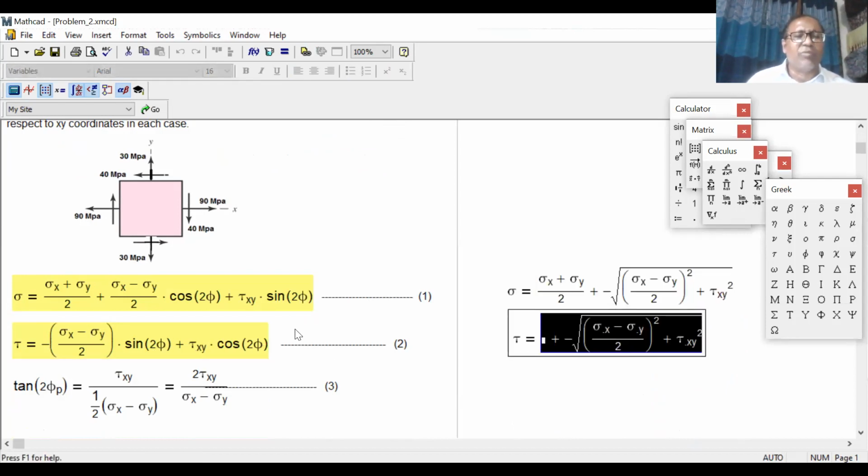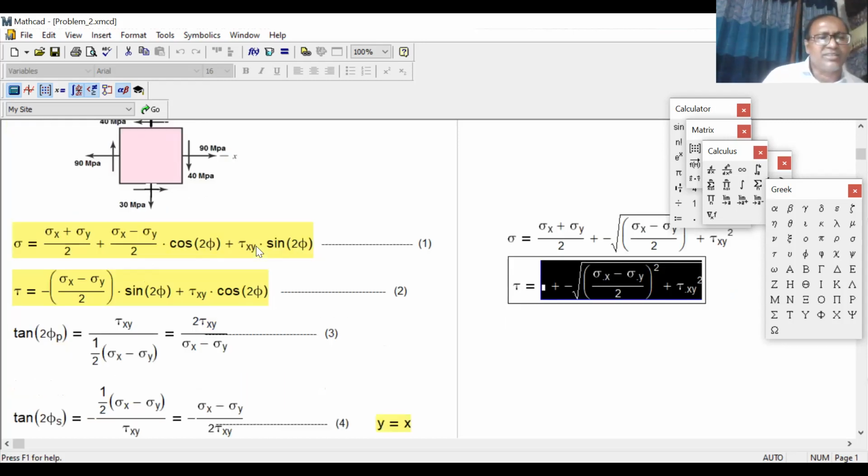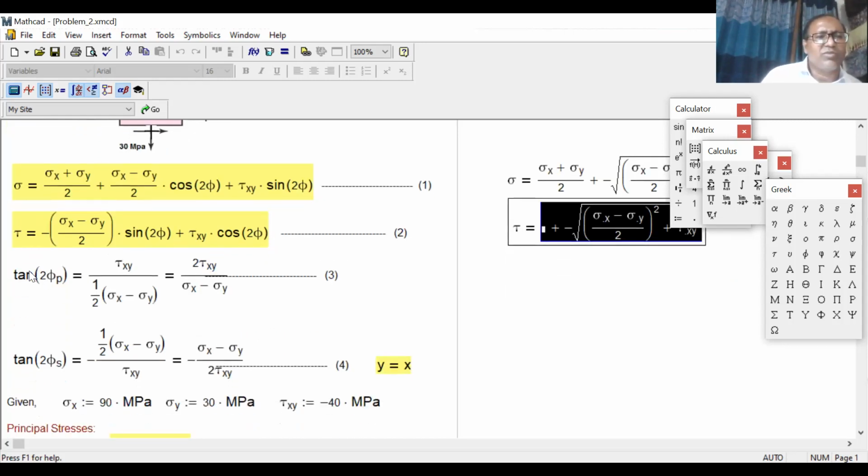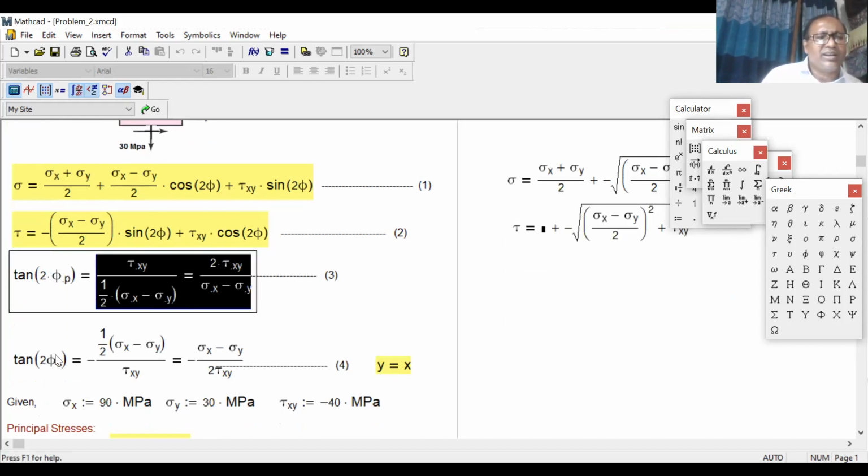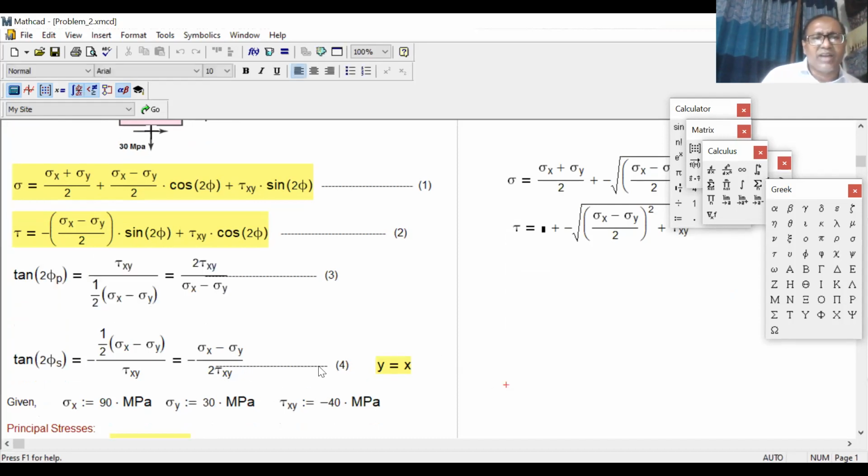Okay. Now, we don't know the angle, which angle will be principal stress and which angle will be shear stress. So these are the two formulas we need: tan 2 phi equal to this one and tan 2 phi s equal to this one. Okay. Normally we don't write the formula first; we write down the formula later on, right?